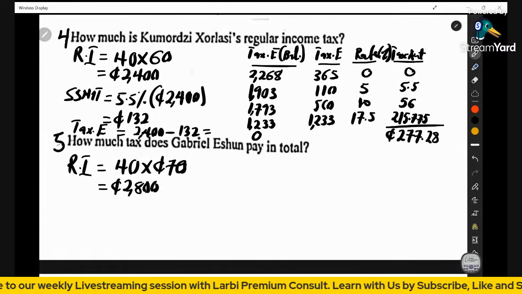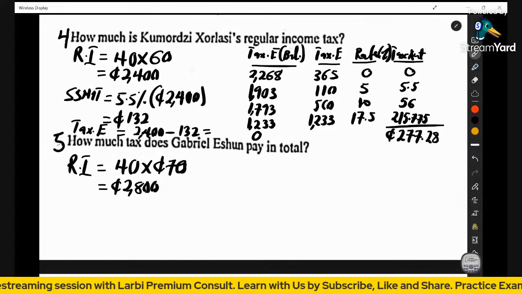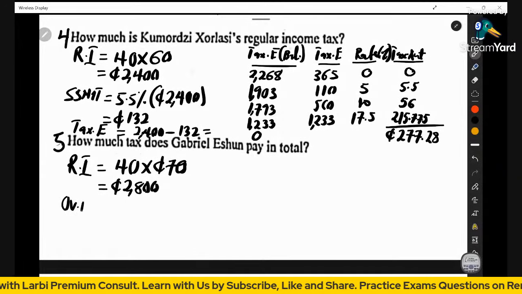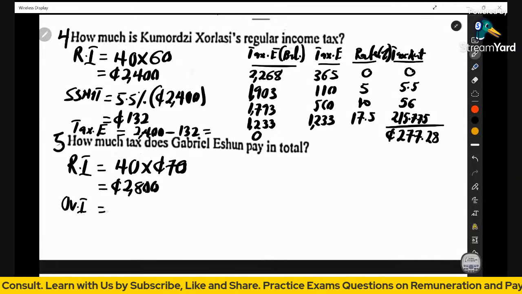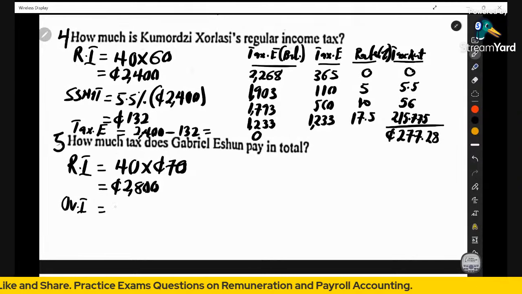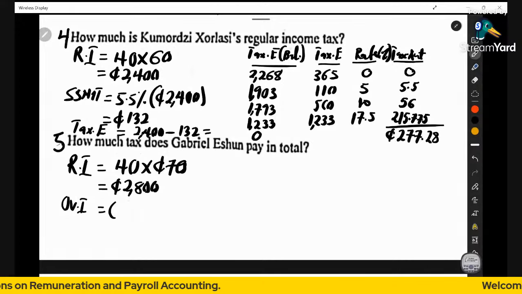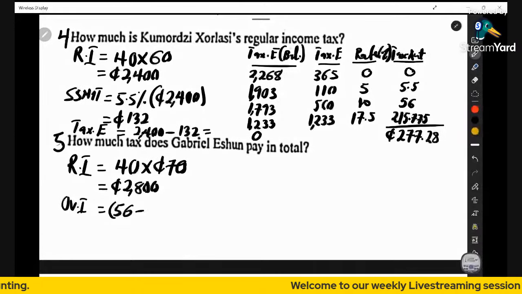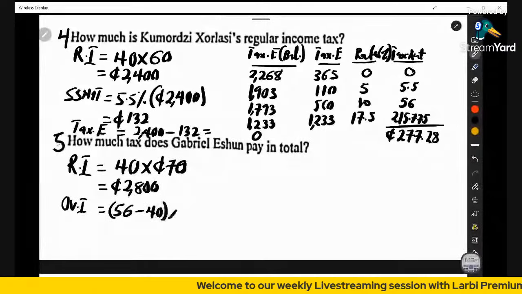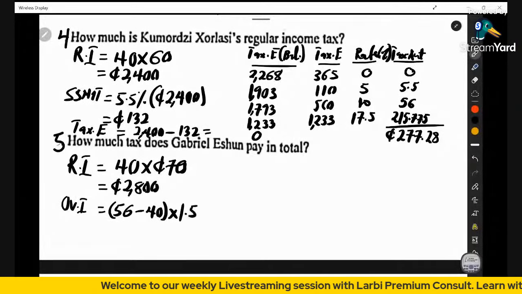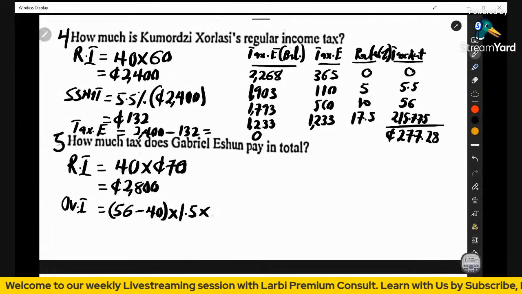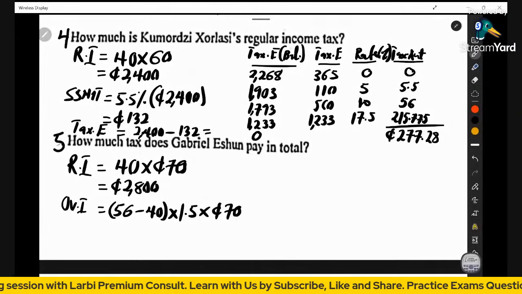The next thing you also need to calculate is his overtime income. His overtime income is going to be 56, being the actual hours that Gabriel worked, compared to the standard hours of 40, multiplied by the motivating factor of 1.5, time and a half, and then multiplied by the hourly rate of Gabriel, which was 70 in this particular case.